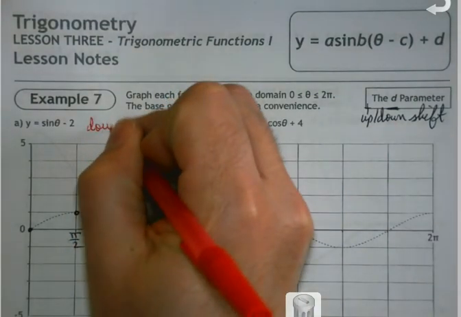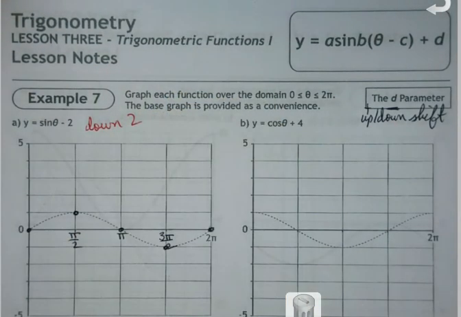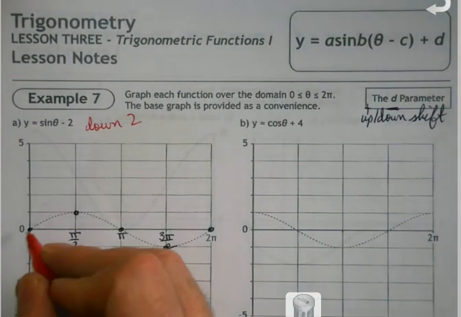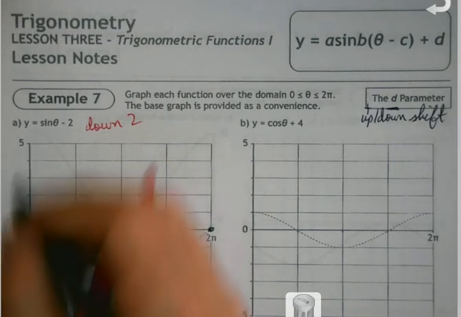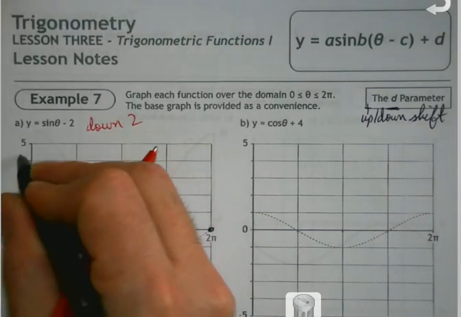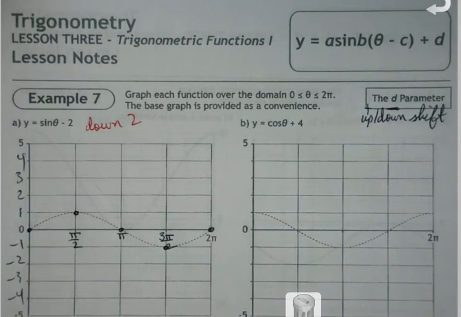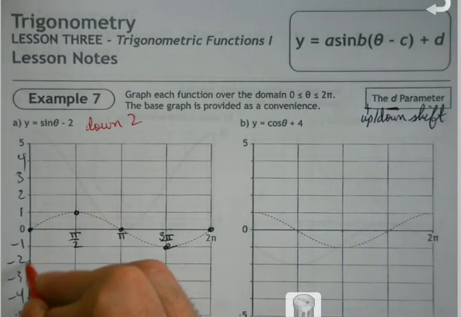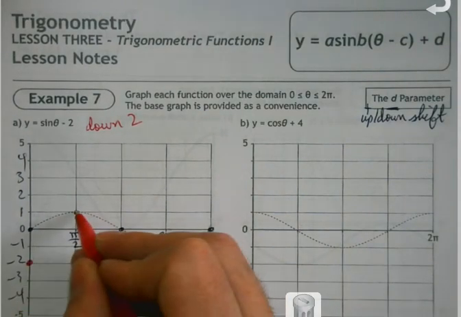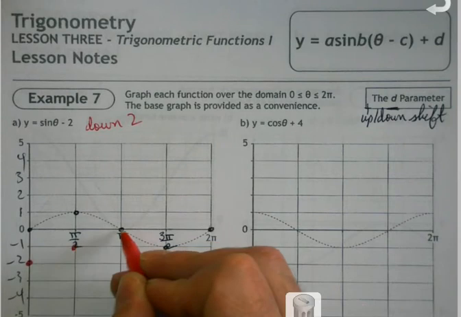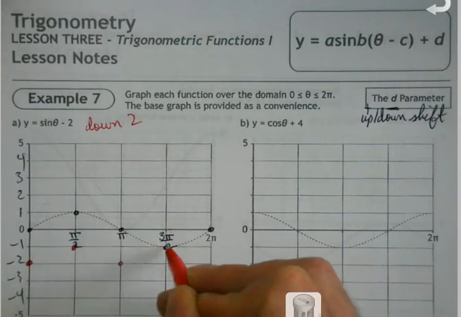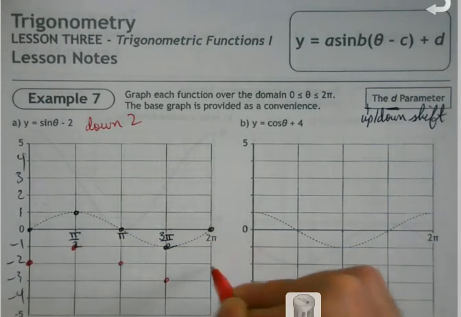So I'm going to take each of my base values, they're y, and I'm just going to go down 2. Okay, oh, now are these? Yes, they're still by 1s. Okay, I got to make sure about that. I don't need to start doing goofy things. So we're just going to take each of these and go down 2. I'm at 1, I go down 2, down 2, down 2.